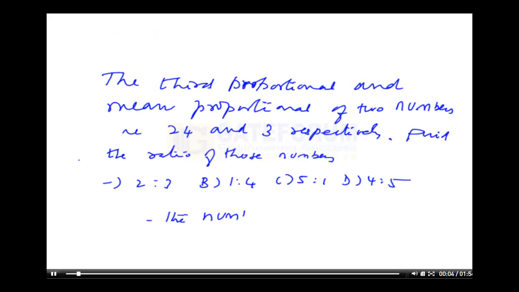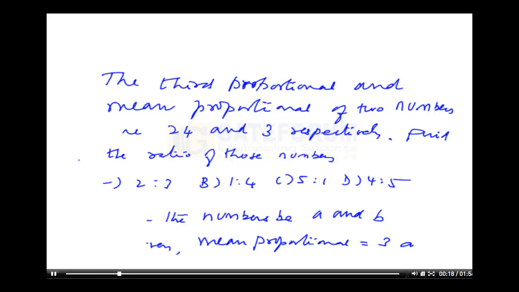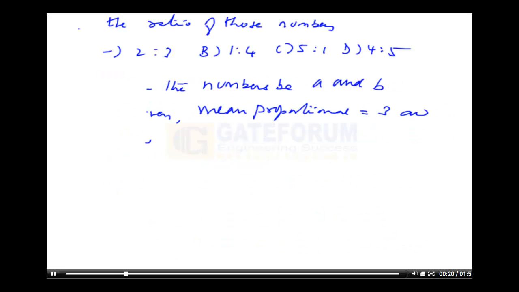Let the numbers be A and B. What is given to you is the mean proportional is 3 and the third proportional is 24.